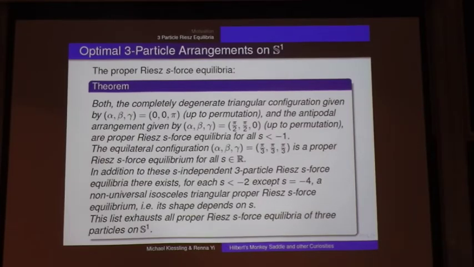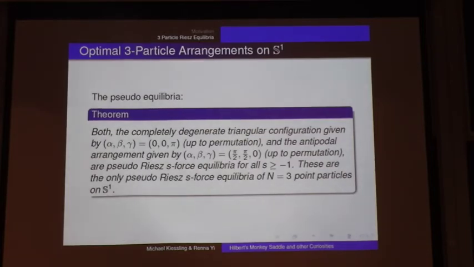And part of the way to show it is that any equilibrium must be, even in a degenerate sense, an isosceles arrangement. So there are no such things like non-isosceles triangular equilibria.